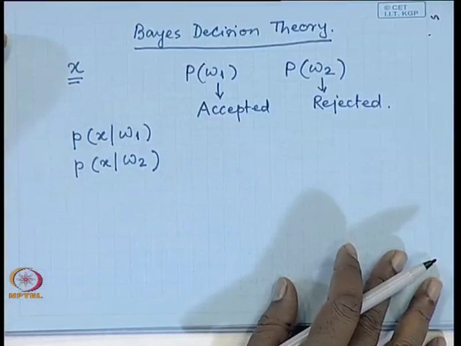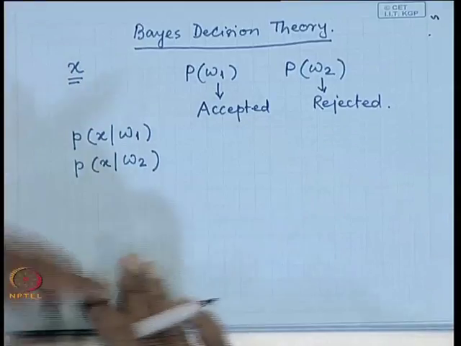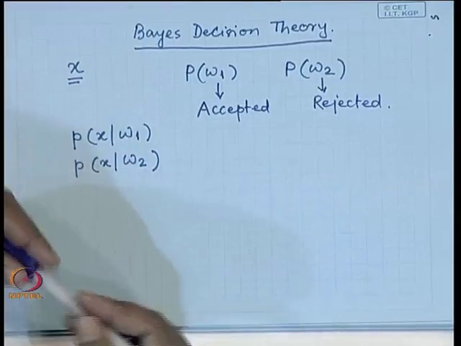But finally, our classification problem is that we have an observation x and based on this observation x, we have to put this object either in category omega 1 or in category omega 2. Effectively, what we have to find out is p of omega 1 given x and p of omega 2 given x.